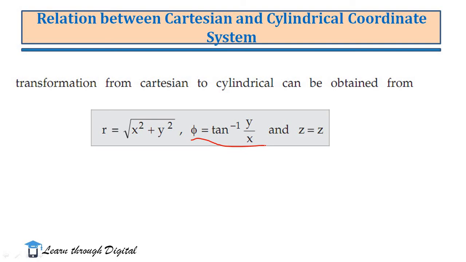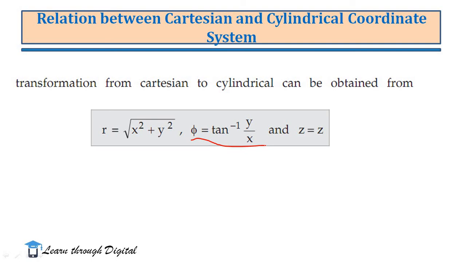Say for example, we consider x equals minus 2 and y equals 1. Here x is negative, y is positive. So phi equals tan inverse 1 by minus 2. We have calculated it as minus 26.56 degree. But the angle should lie between minus 180 degree and minus 270 degree.